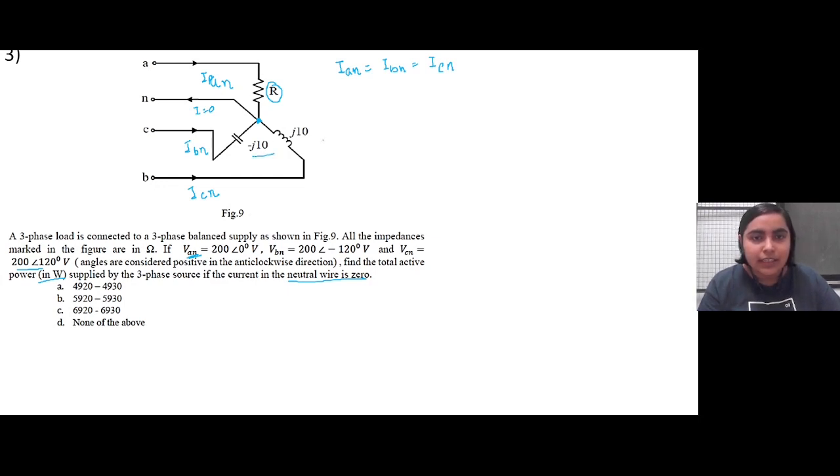The other two are purely inductive and purely capacitive, so we won't get real power there. The only power we will get is in the branch with R. Now R is unknown, so we first have to calculate that. For that we are applying KCL at this particular node, let's say node N. By KCL, these three currents add up to 0, right?